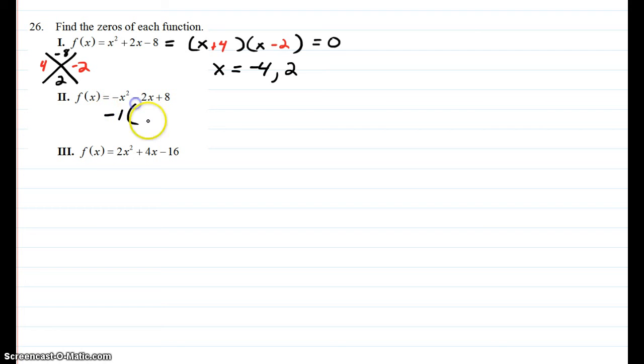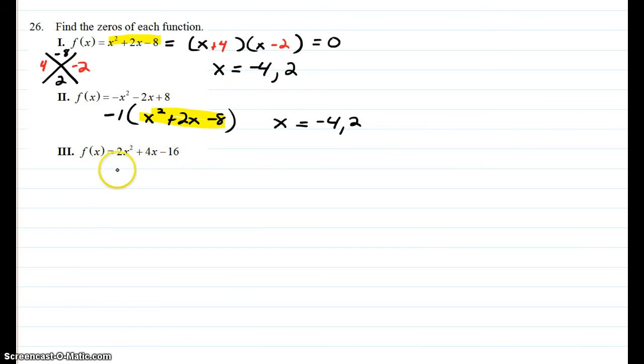So the negative 1 turns into x squared plus 2x minus 8. And so now hopefully you realize that this and this are the same. So if they're the same, they're going to have the same zeros. So x equals negative 4 and 2.